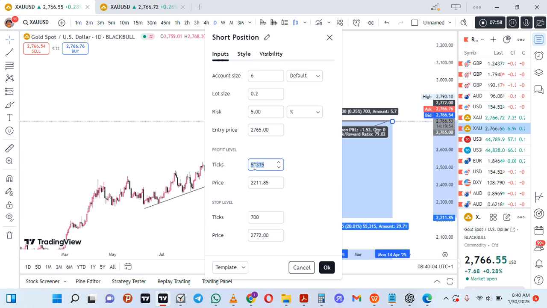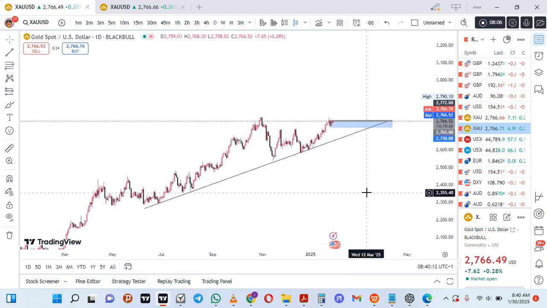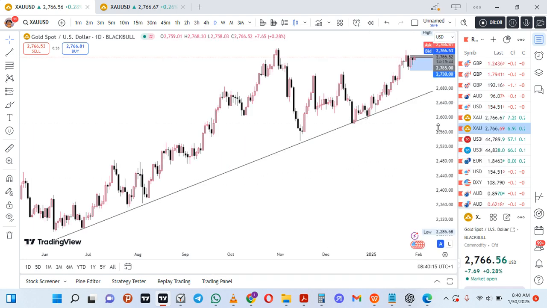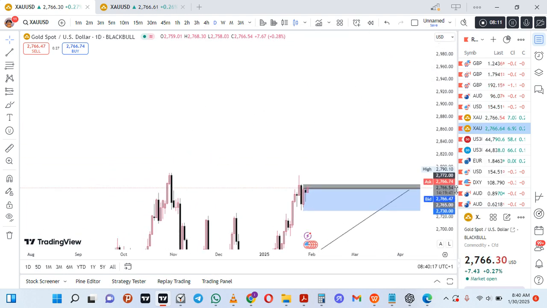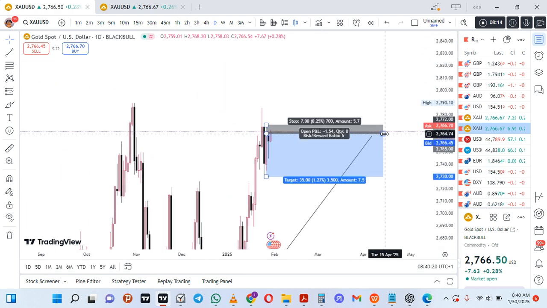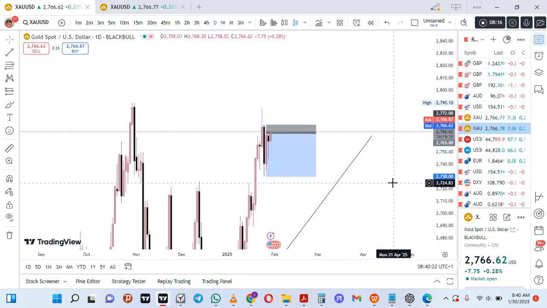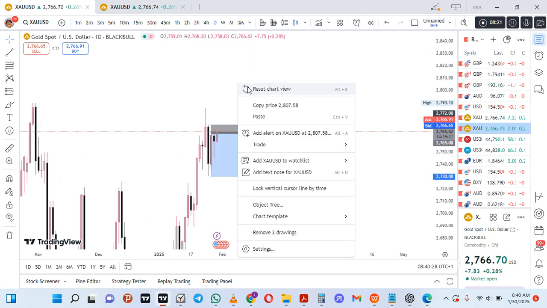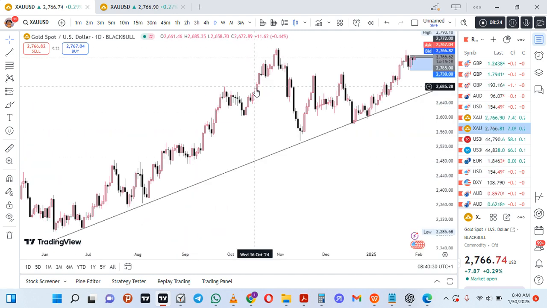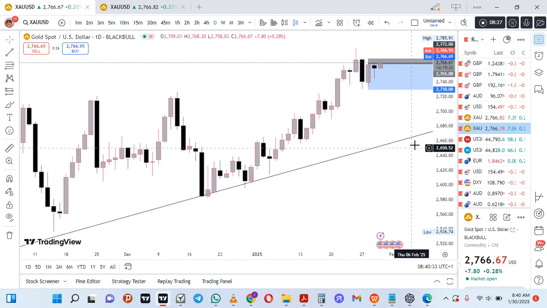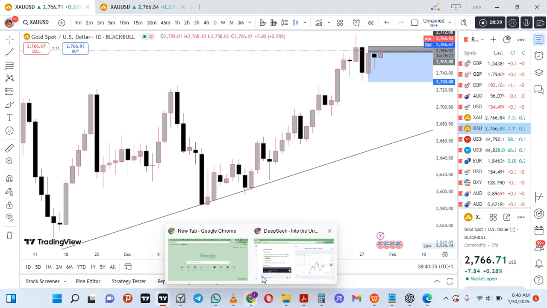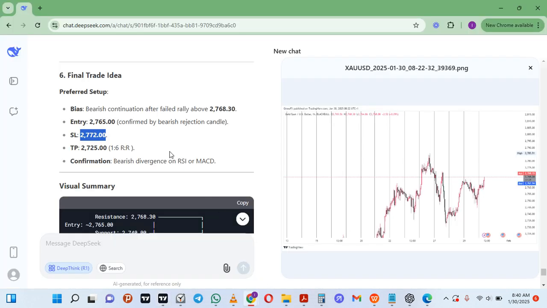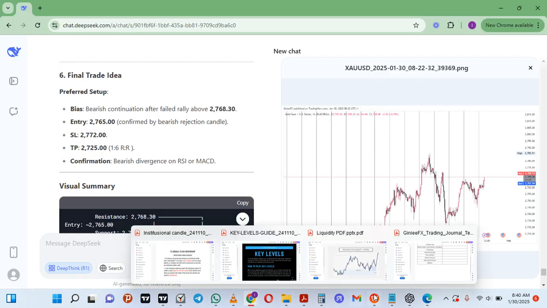And if you go by five, you should have 35. So this is what the trade idea is claiming to do. 275.